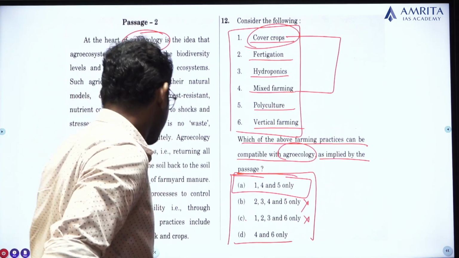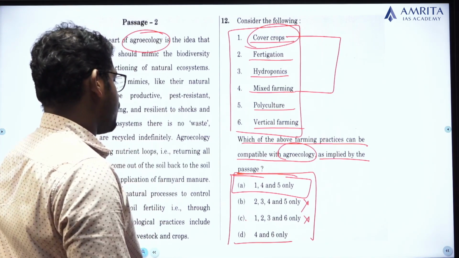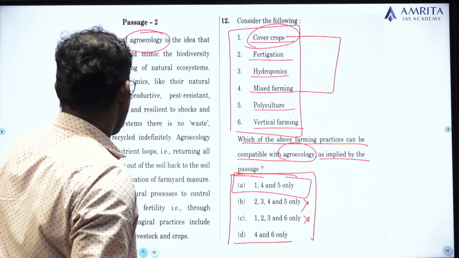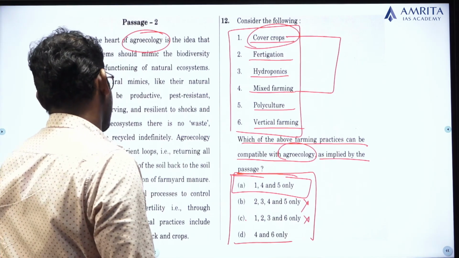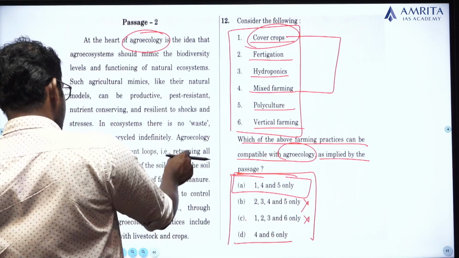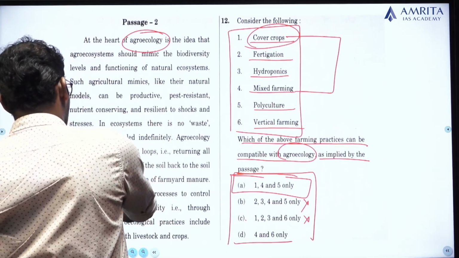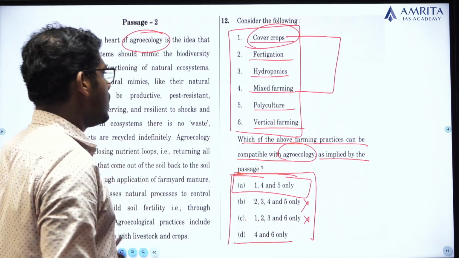So it is clear that what it actually deals with is the idea of mixed farming, and it is nothing related to what? Fertigation, hydroponics or vertical farming, because it says what? Returning all nutrients that come out of the soil back to soil, such as through application of farmyard manure.